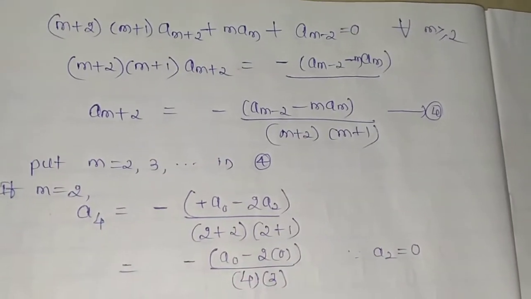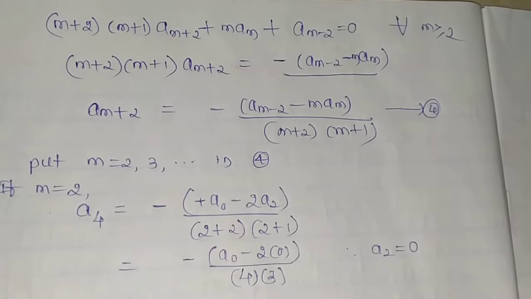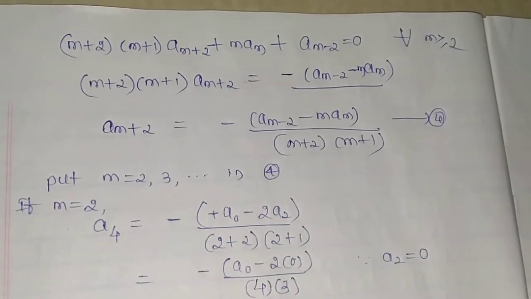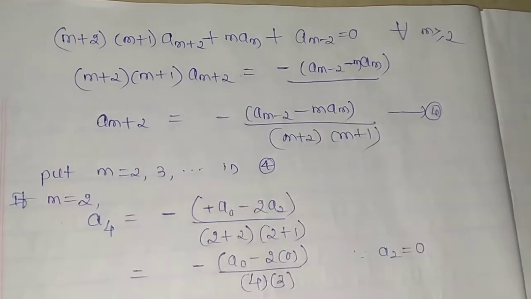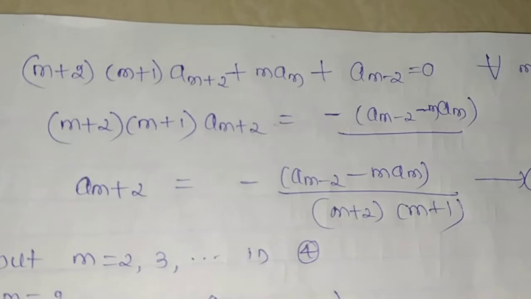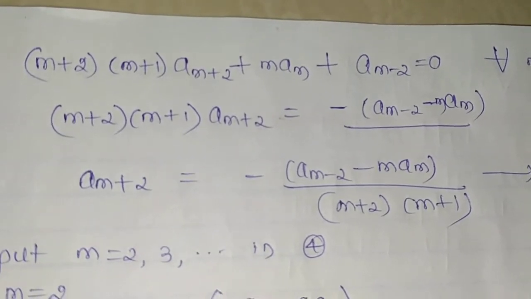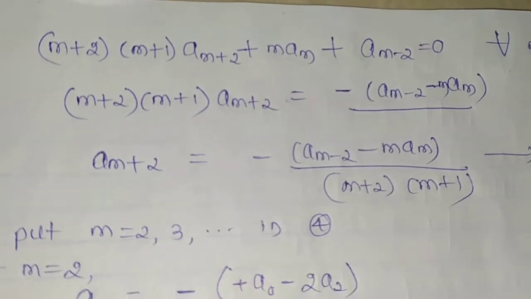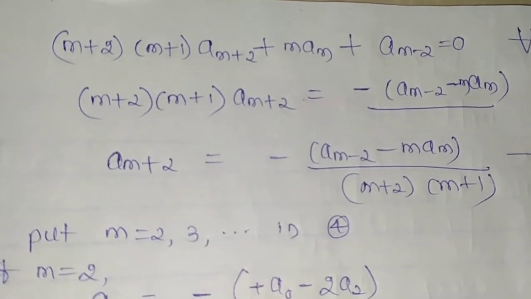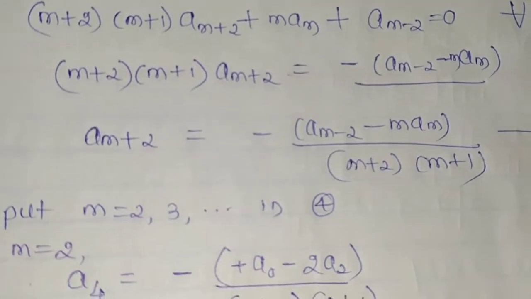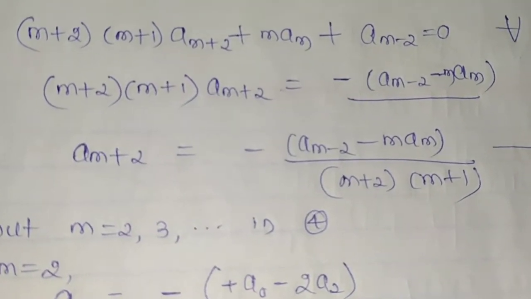Okay, so we have equated various powers of x to 0. Now we have to equate the power of x raised to m to 0. The coefficients are (m plus 2)(m plus 1) a(m plus 2) plus m into am plus a(m minus 2) is equal to 0. Now I will keep a(m plus 2) on one side and shift all the terms to the other side.